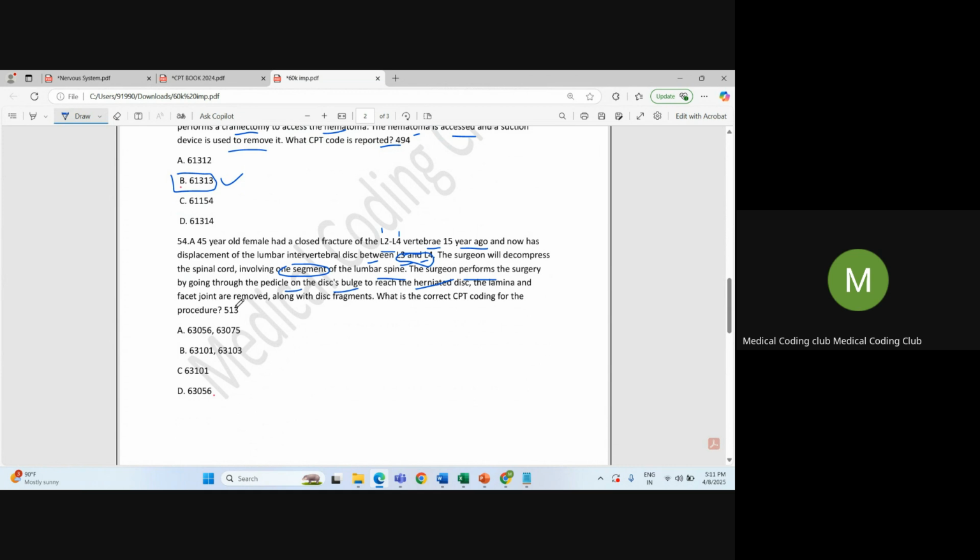Lamina and facet joints are removed along with the disc fragments. Location is lumbar, since they have clearly said she has a problem on L3 and L4. So you have to see what is the correct answer. Between L3 and L4, they are talking about one segment decompressed. So we'll see the answer.